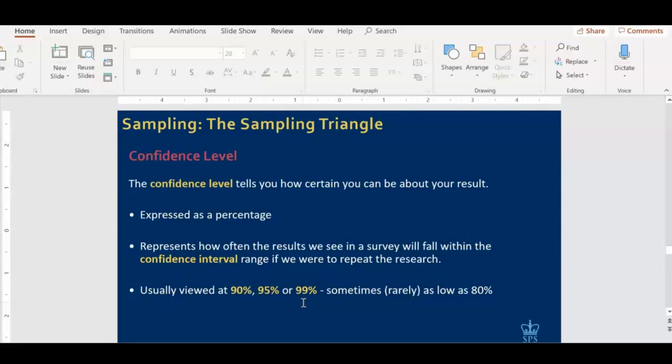And that's when you would increase your confidence level, because you want to be certain that what you tell senior management would actually be beneficial to the company.